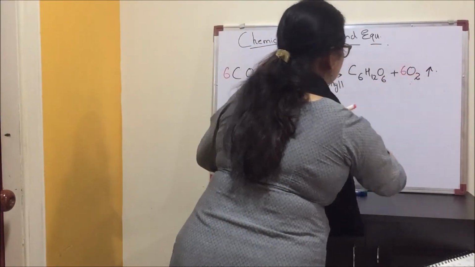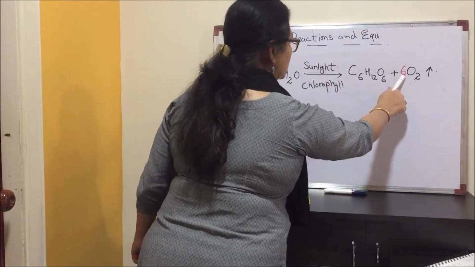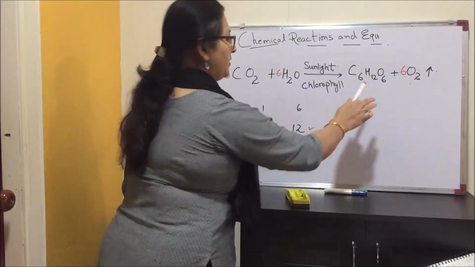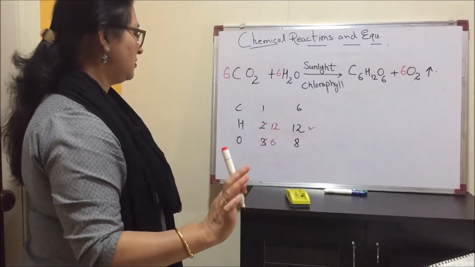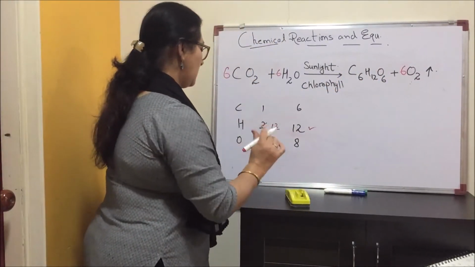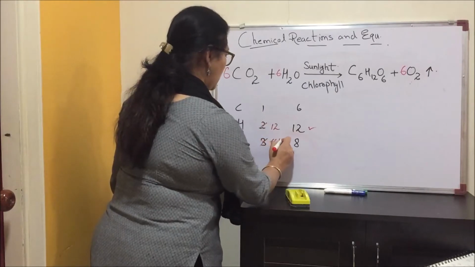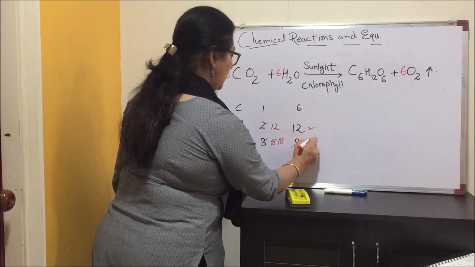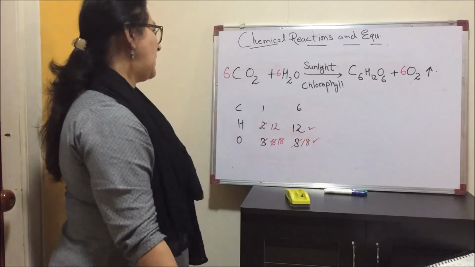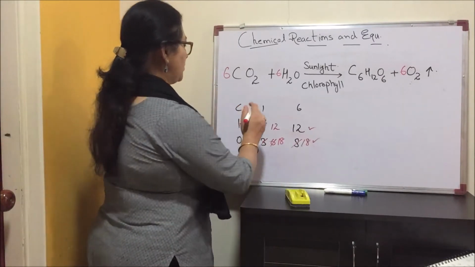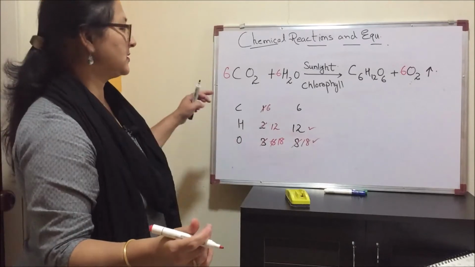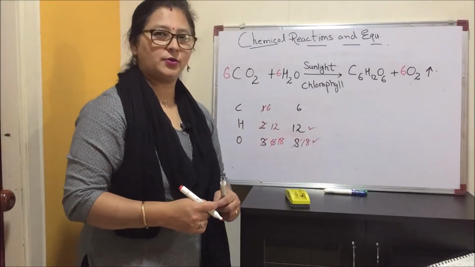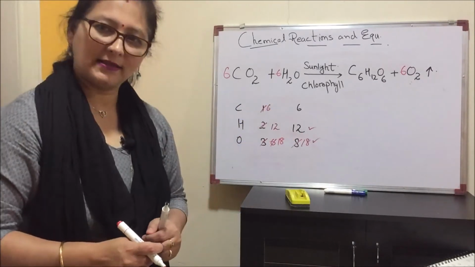So if I put 6 here, now here also I am getting 6 into 2, 12 plus 6 is 18. So even oxygen got balanced. So here oxygen 18, here also 18. Now carbon here has changed into 6. So carbon also got balanced. Now this is a completely balanced equation of photosynthesis.